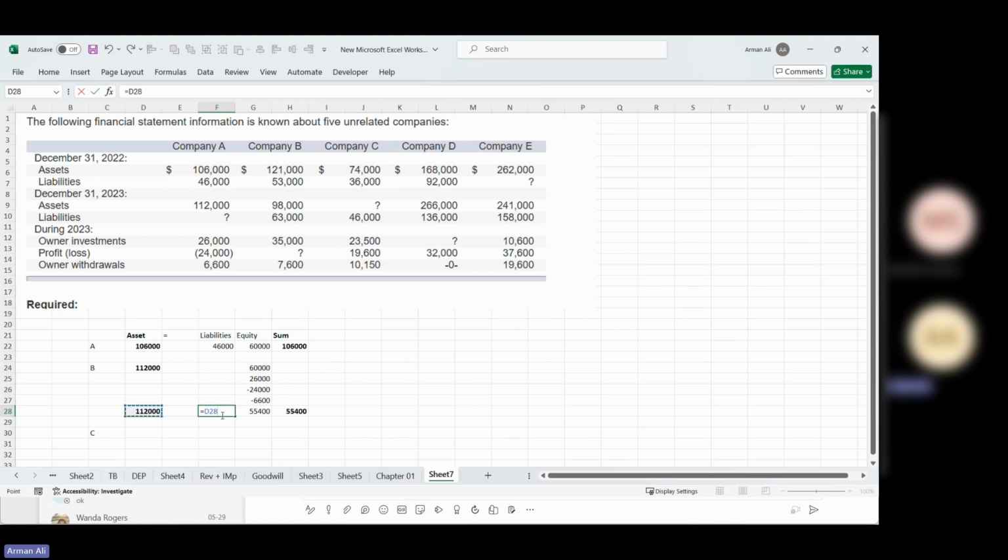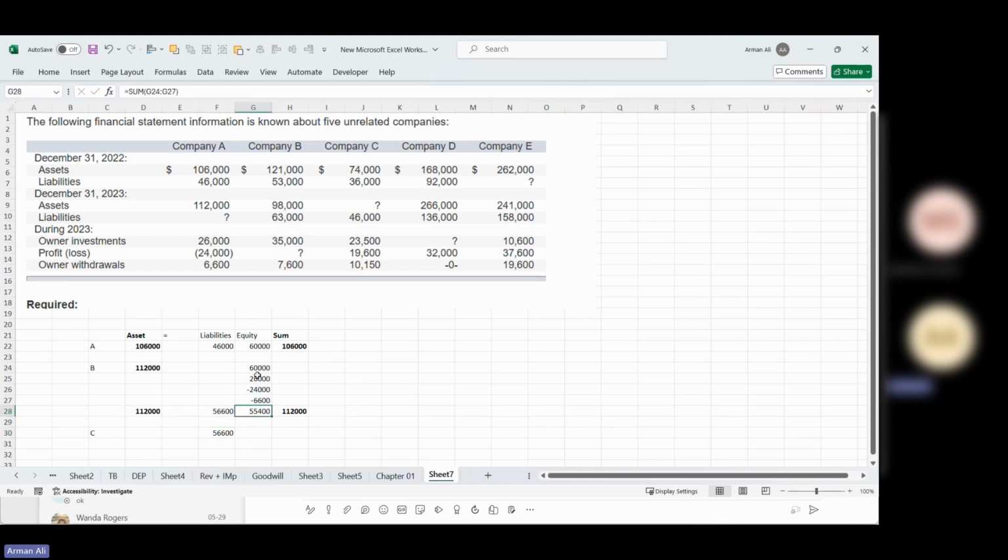Since it's an asset equation, asset minus equity is 56,600. So those are two answers. B was this and C is 56,600. I just simply did the subtraction, 112 minus 55,400.